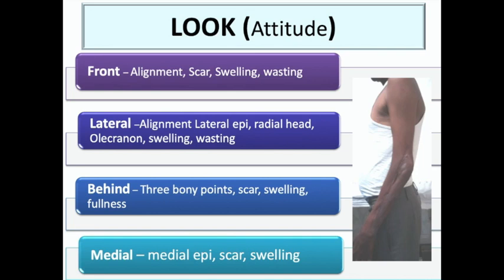Is there any swelling? The elbow effusion classically comes in the paraolecranon area to start with, and then moves on to the anconeus triangle. And definitely, one thing which is forgotten is the medial side. So always make an attempt to look on the inner side. Don't miss out on any scar, sinus, or any swelling or a prominence on the medial side. So look from all directions.